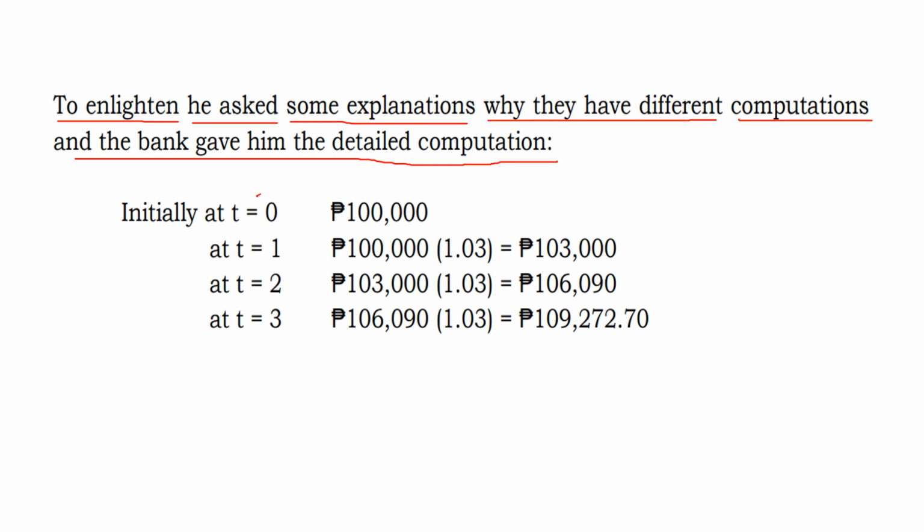So at 0, as a value of your time or term, this will be the starting point, and the principal is 100,000 pesos, wherein there's no interest being applied on it. So after 1 year, when your t is 1, then we apply the 1.03.